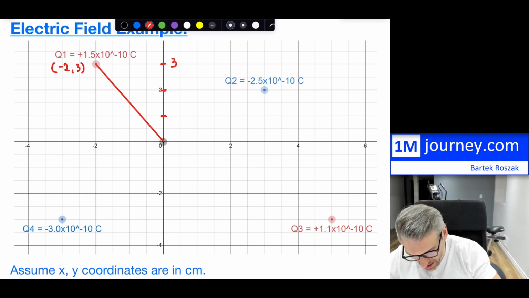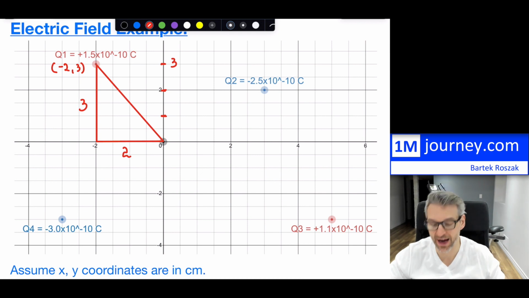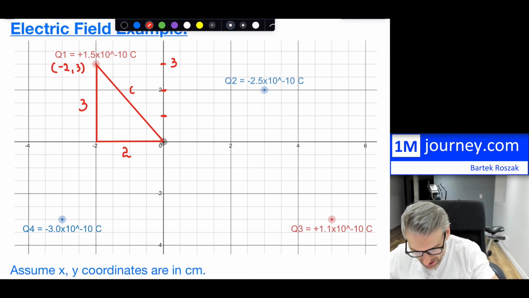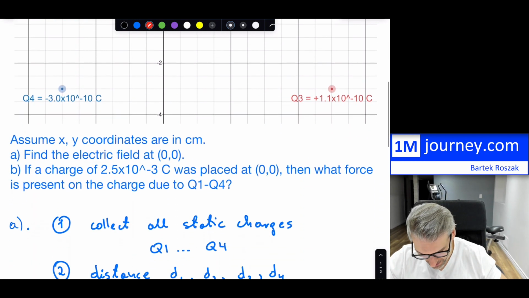So what that is telling me is I can now create a triangle. It doesn't matter how you create your triangle. This is going to be your Pythagorean theorem. I know that this height is 3 and this height is 2, at least in magnitude. So I can find D1 simply by the Pythagorean theorem.